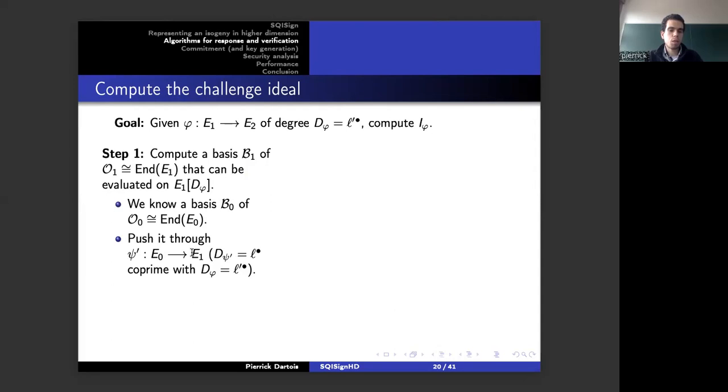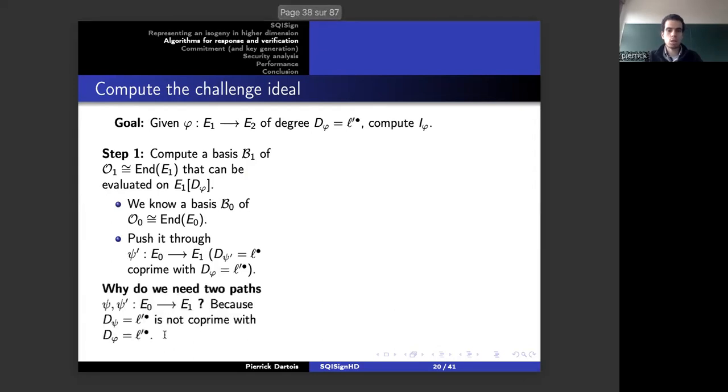And this path needs to have degree coprime with the degree of phi in order for the basis to be evaluated on the torsion of d phi, the degree of phi. So that's actually the reason why we needed two paths, because one of them is coprime with the challenge and one of them is not.